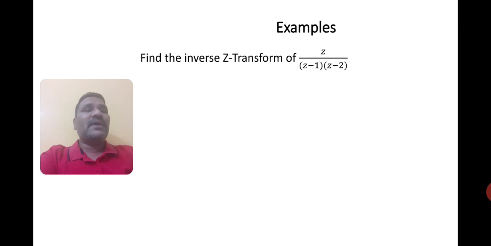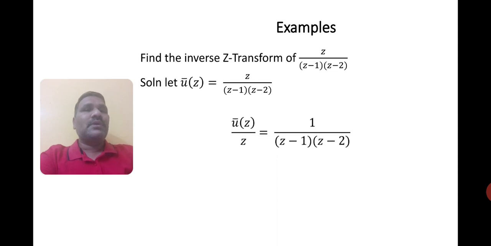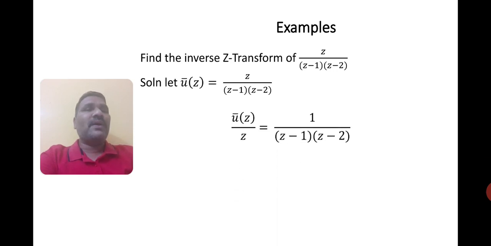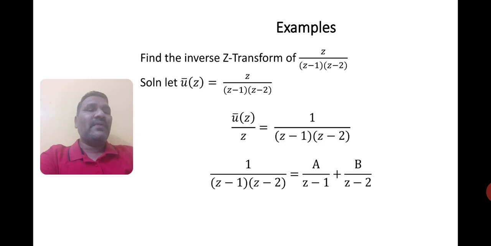Now we resolve it into partial fractions. I can rewrite whatever the given equation is in this form: U bar of z is equal to z divided by (z minus 1)(z minus 2). I can also write U bar of z divided by z as 1 divided by (z minus 1)(z minus 2), which can be written as A by z minus 1 plus B by z minus 2.